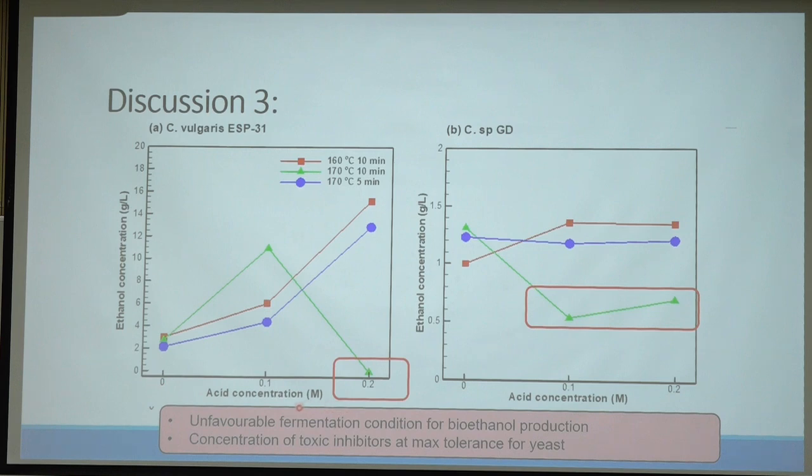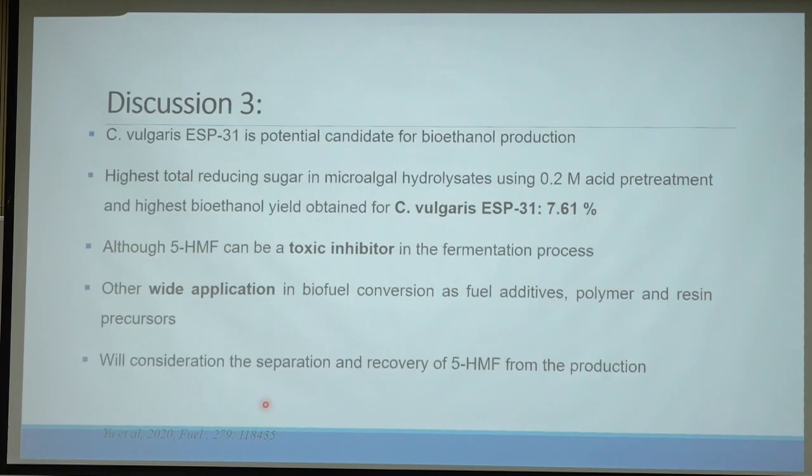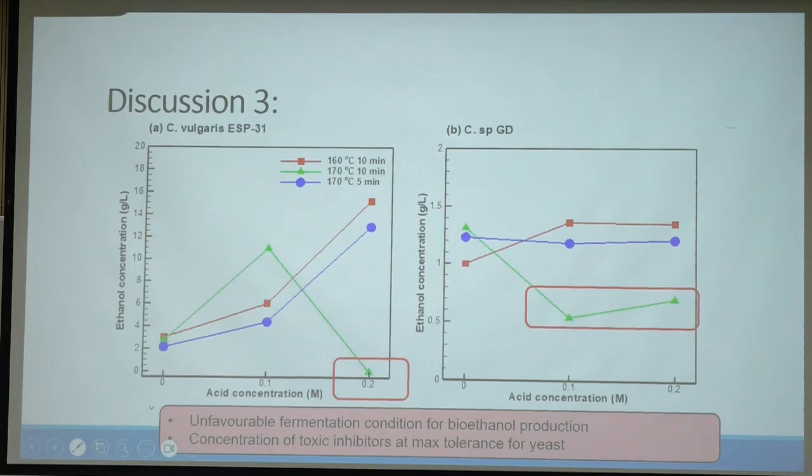Why? Because we have the 5HMF. The 5HMF is a toxic inhibitor for the yeast, so it makes the fermentation process fail. Understand or not? That's because the amount of the 5HMF has already reached the maximum tolerance limit of the yeast or of your fermentation condition.